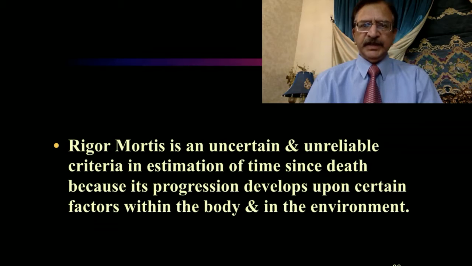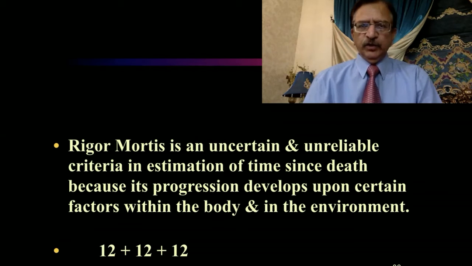No individual change alone can help you in determining time since death, because there are certain factors which alter its progression and stay. Similarly, the rigor mortis is an uncertain criterion in the estimation of time since death, because its progression depends upon certain factors which are within the body or in the environment.